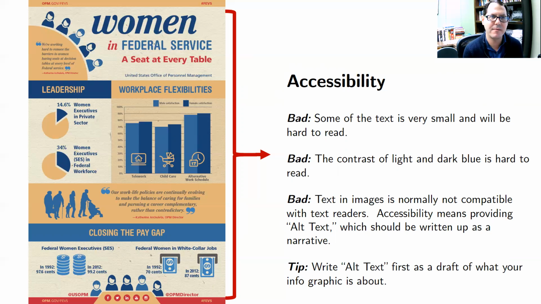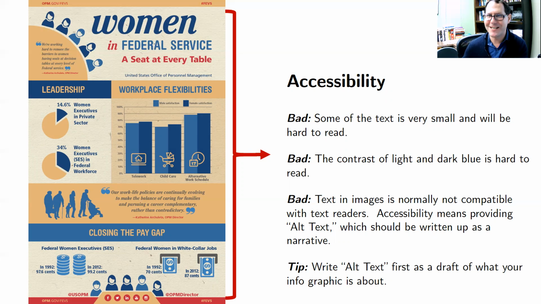Or you say, okay, this is an infographic about women in the federal service, and we're trying to communicate that women in the private sector are a fairly small percentage, but 34% of leaders in the government sector are women, right? Spell it out, communicate to folks in your alt text what's happening in that infographic so that they can listen to that and be like, oh, okay, I got it. I know what that picture was supposed to be doing.